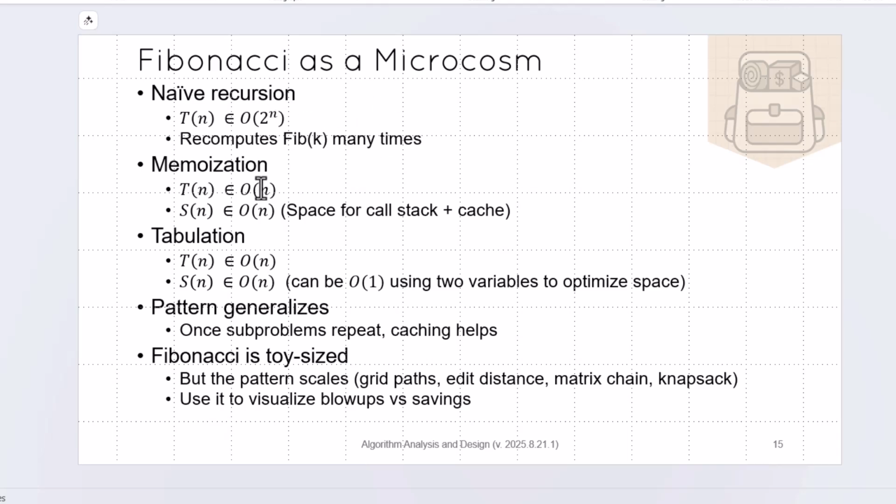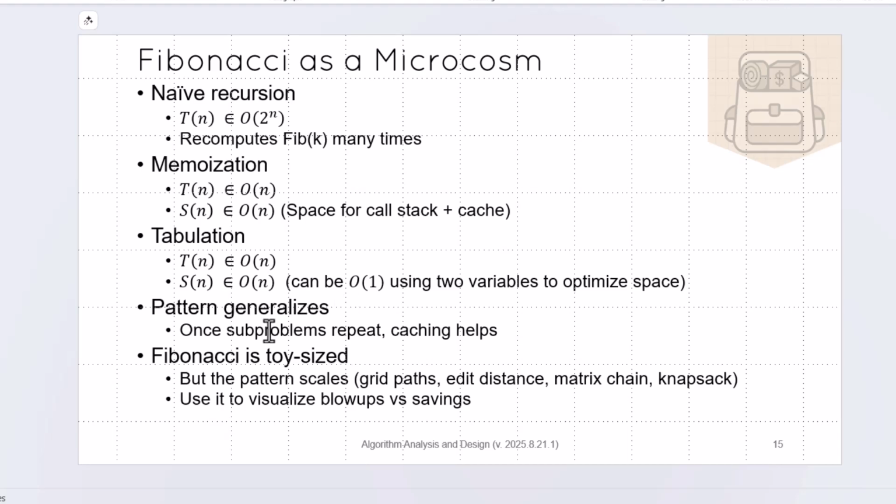With memoization, the time is big O of n. It's linear, and so is the space, because we have the call stack and the cache. And tabulation, kind of the same thing. We have big O of n for the time and big O of n for the space, but the space could be big O of 1 using two variables to optimize it. Each time through the loop, you're just reusing those two variables instead of holding them in a larger container that tabulation uses.